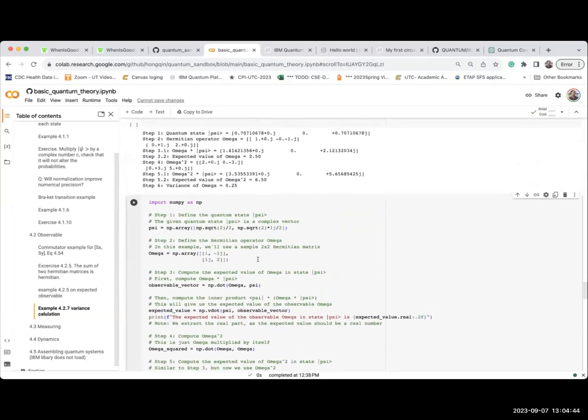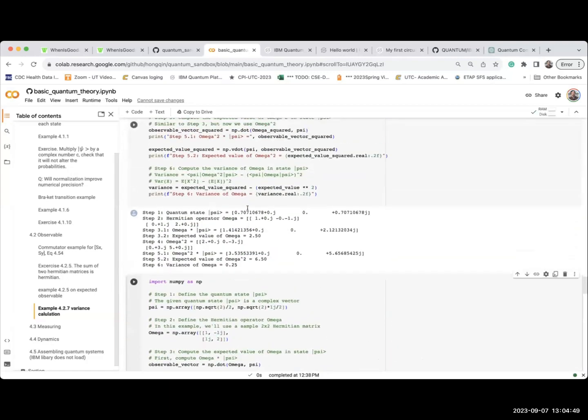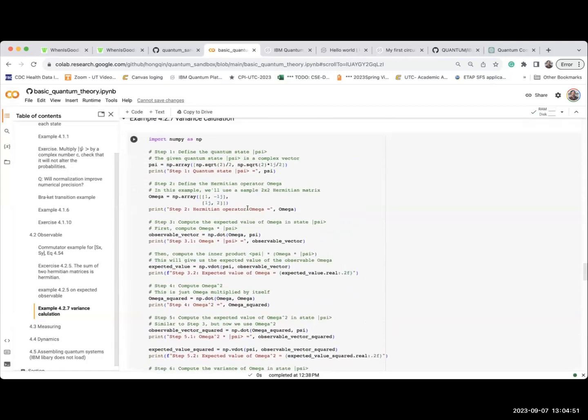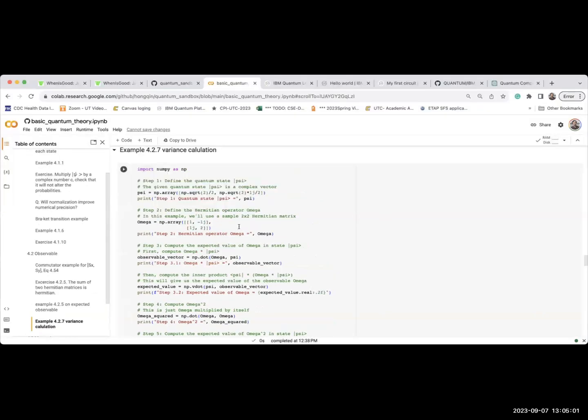Fortunately, in Python Qiskit, those will be taken care of most of the time, and we don't have to do the manual calculation on our own most of the time. The next part of the book talks about measuring and dynamics.